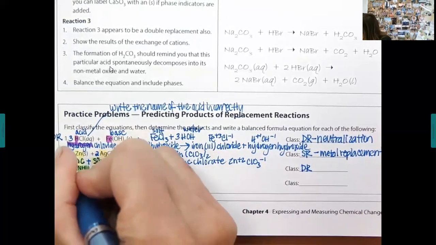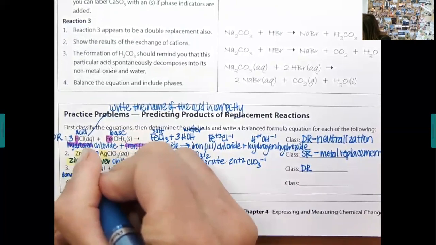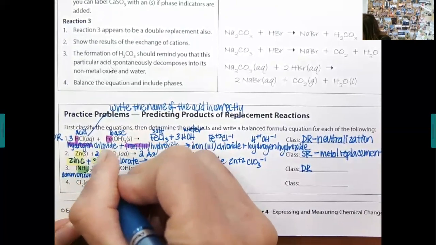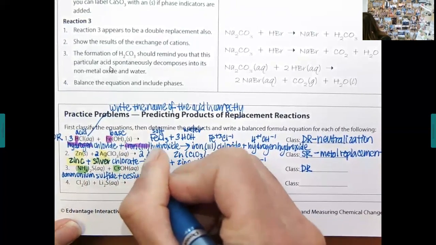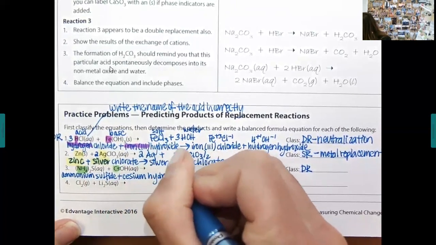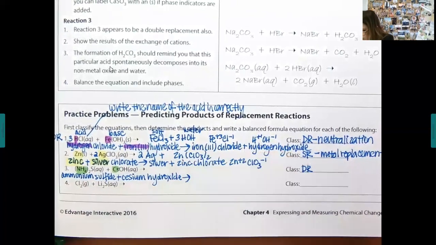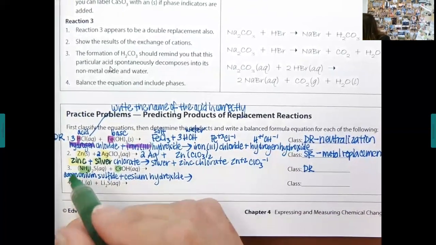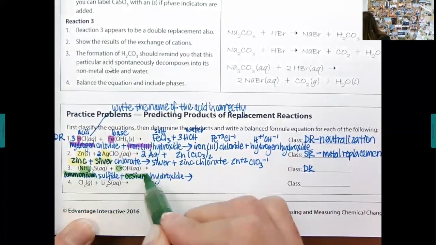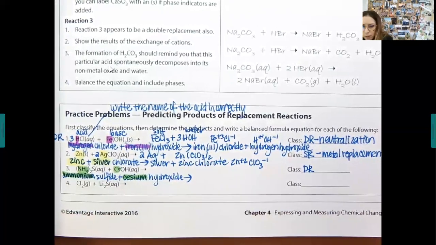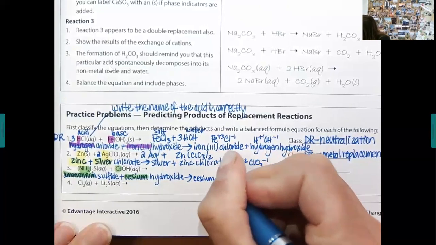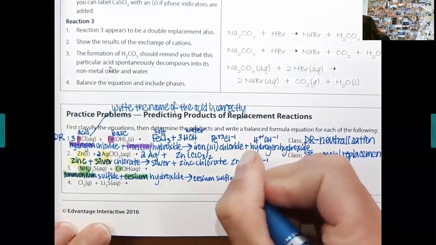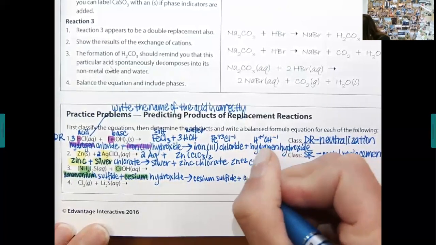This is ammonium sulfide plus cesium hydroxide. I'm going to highlight the ammonium and the cesium. And then you're going to form cesium sulfide and ammonium hydroxide.